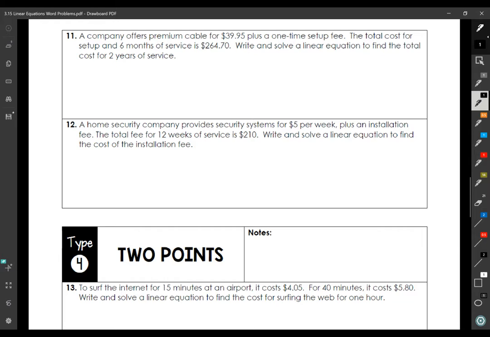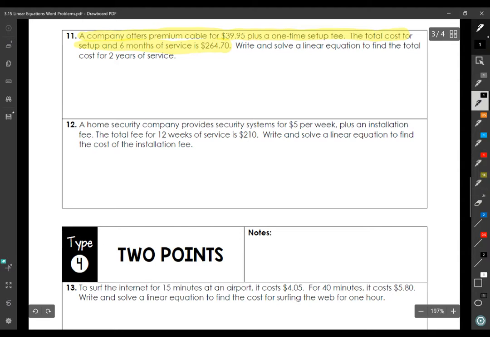The total cost for setup in 6 months of service is $264.75. Write and solve a linear equation to find the total cost for 2 years of service. Okay. So again, first we have to create an equation. We're going to use this information to create it. Okay, and then we'll move on to the second part.